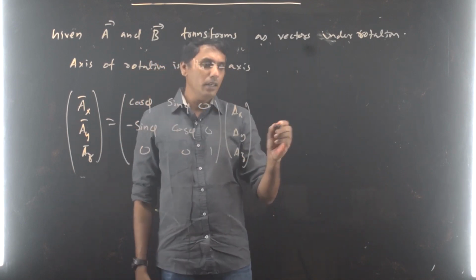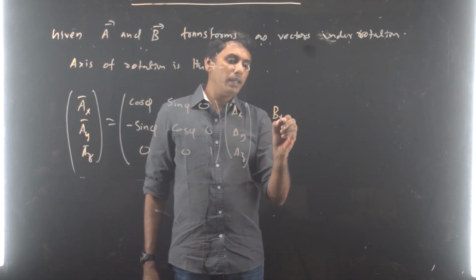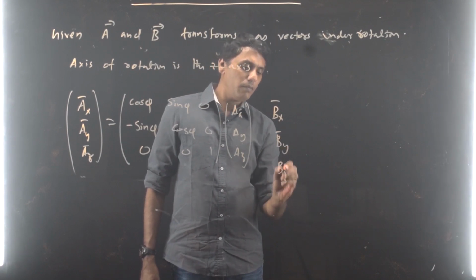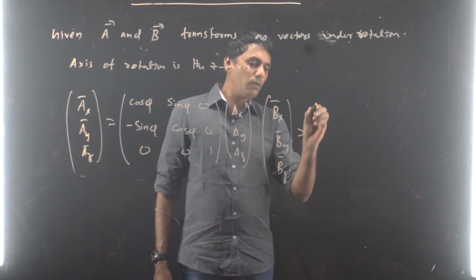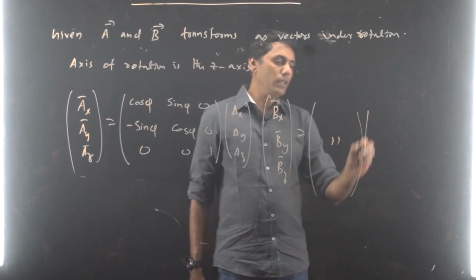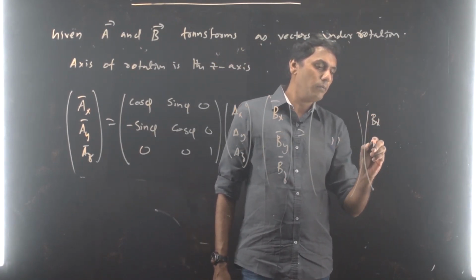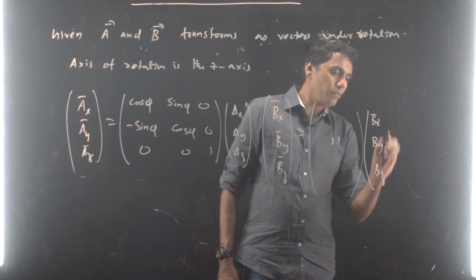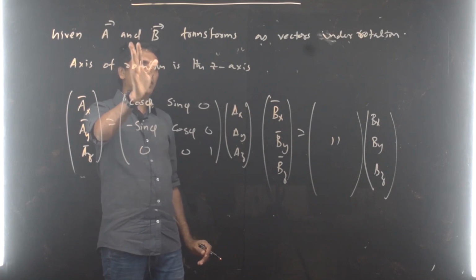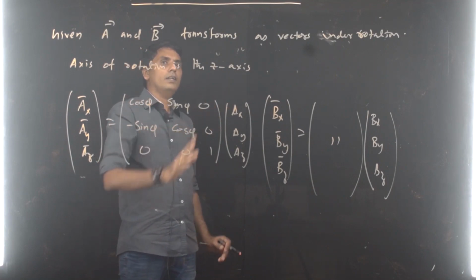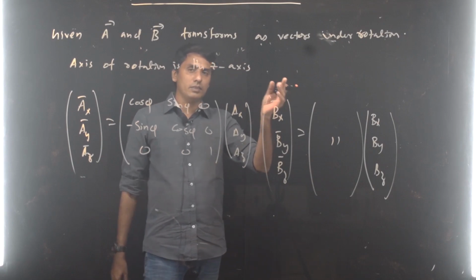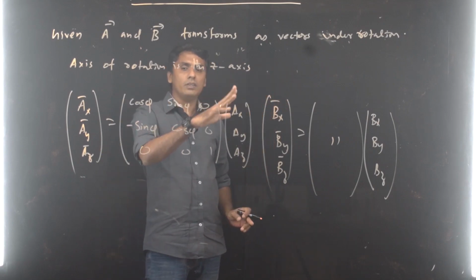Similarly, Bx bar, By bar, Bz bar is equal to exactly the same matrix times Bx, By, Bz. This is the given information. That means A and B transform like vectors in this way.